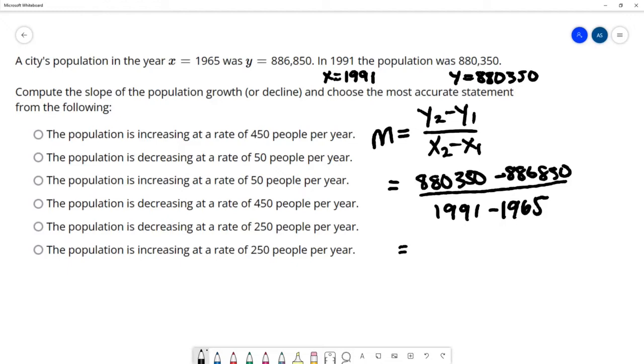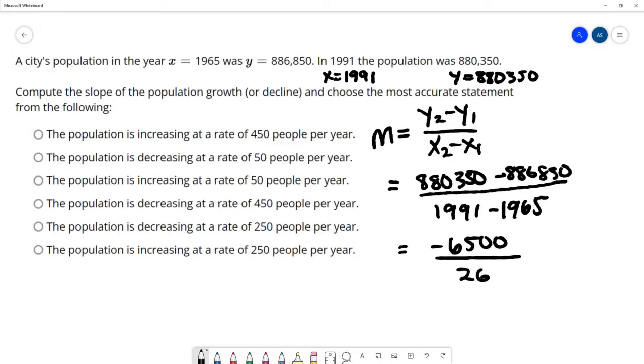So I've got my calculator here, and 880,350 minus 886,850 is a negative 6,500. 1991 minus 1965 is 26.